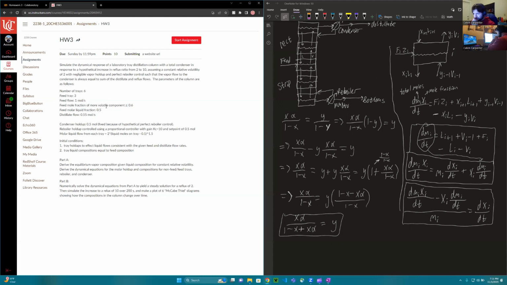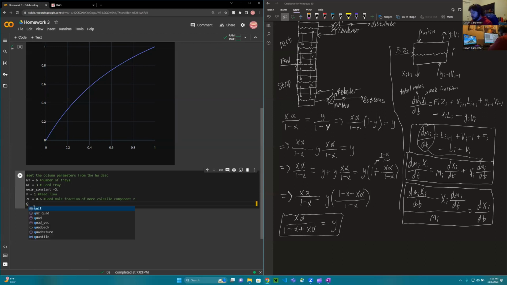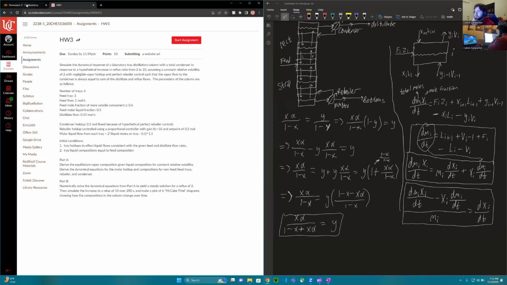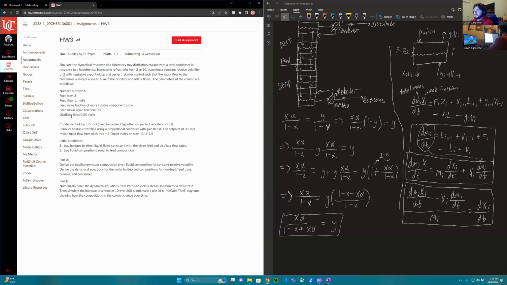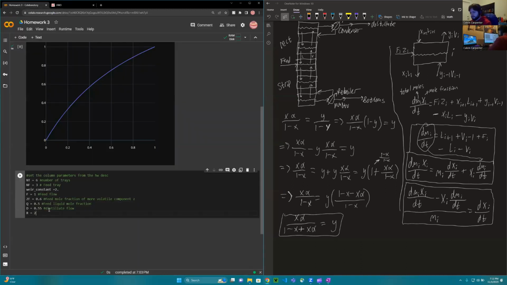Okay, next is going to be U equals 0.5. It's going to be our feed liquid mole fraction. D equals 0.55. That's the distillate flow. And then next we'll set our reflux ratio. So R can be equal to 2.